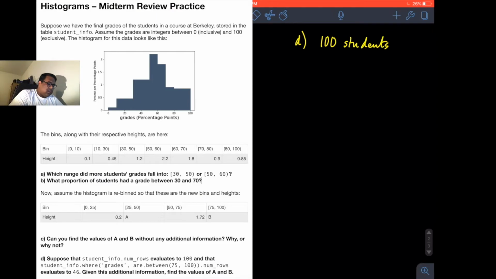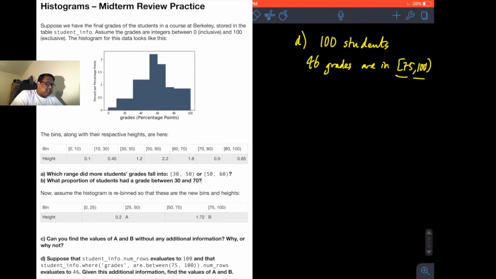So it's telling us 46 grades are in 75 to 100. And remember, R between includes the first element and excludes the last element, just as regular Python does normally, right?